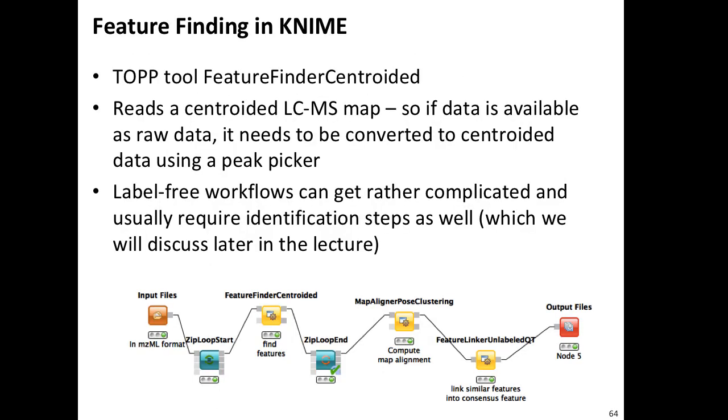If we implement these workflows in KNIME, then that is usually a straightforward workflow. What you need to do is use all the features, all the runs, all the mzML files, have a loop, apply the feature finder tool, apply the aligner tool, apply the feature linker tool, and then you write out the map.